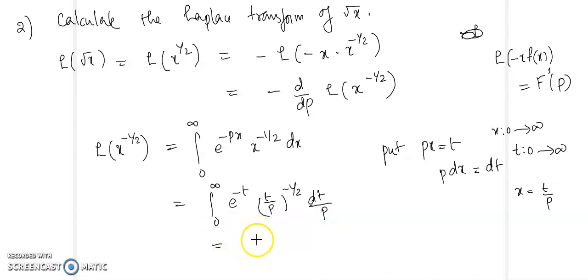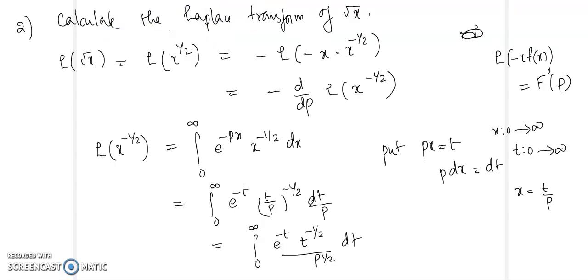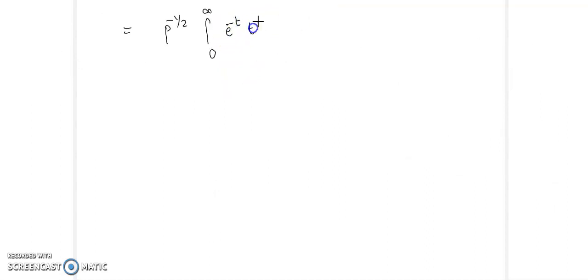So we will get the integral from 0 to infinity of e raised to minus t, t raised to minus 1 by 2 by p dt. So this is p raised to 1 by 2 in the denominator, which gives us p raised to minus 1 by 2 times the integral from 0 to infinity of e raised to minus t, t raised to minus 1 by 2 dt.